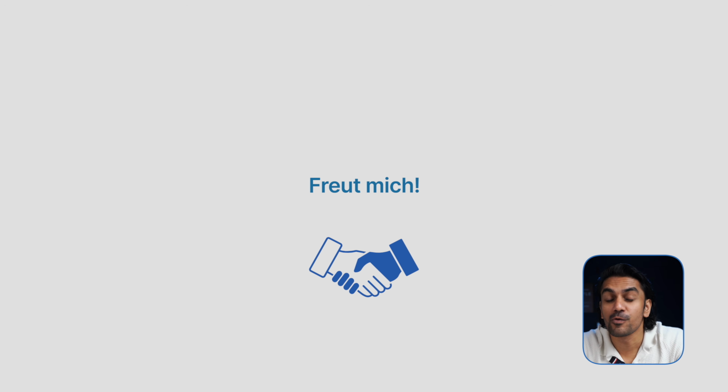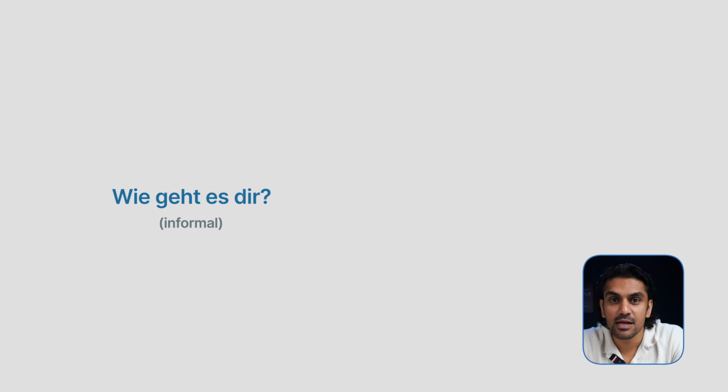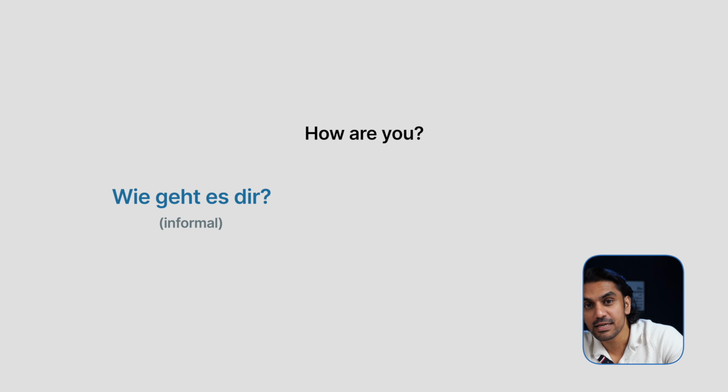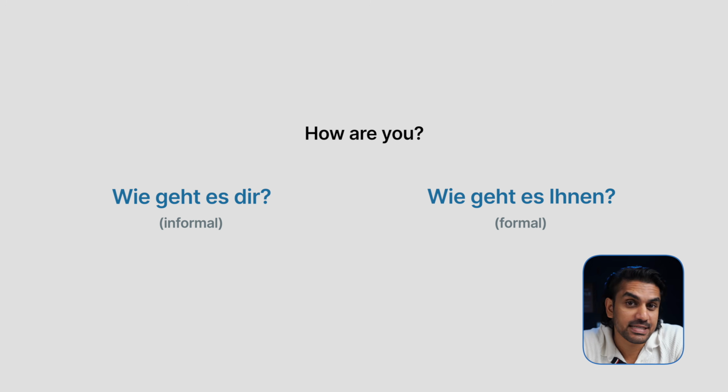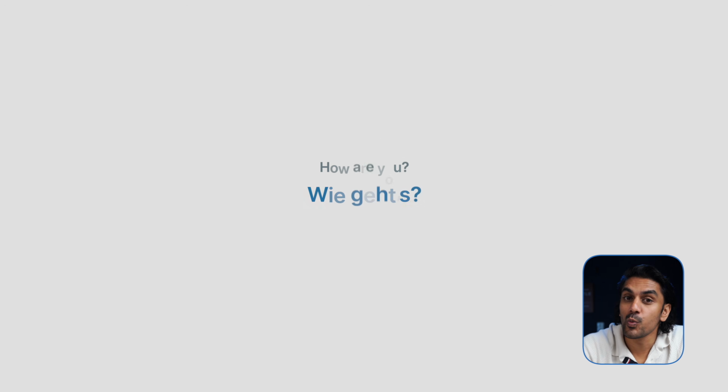And when someone introduces themselves, a polite and natural way to respond is by saying freut mich or nice to meet you. Similarly, if you want to ask someone how they are doing, you say wie geht es dir, which means how are you. And in a formal setting, you would say wie geht es Ihnen. But in day-to-day conversations, people usually shorten it to wie geht's.